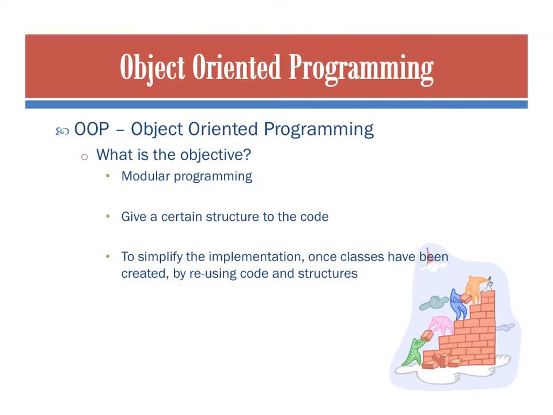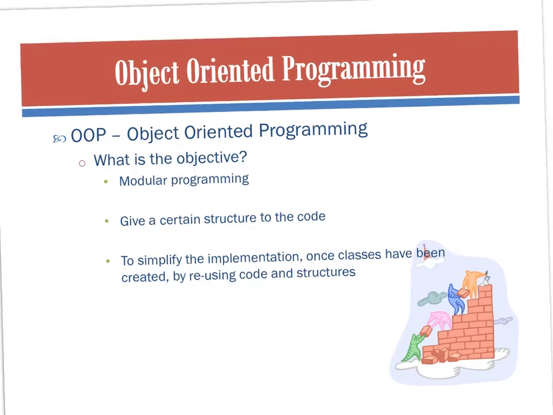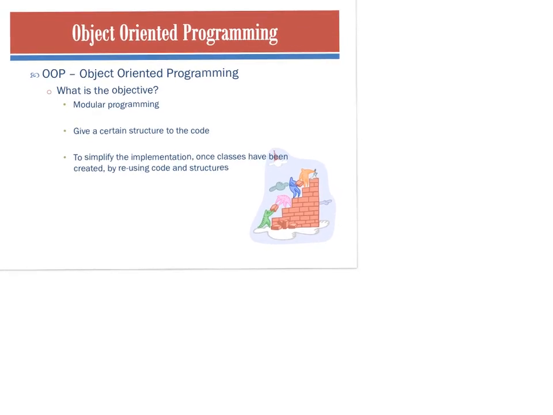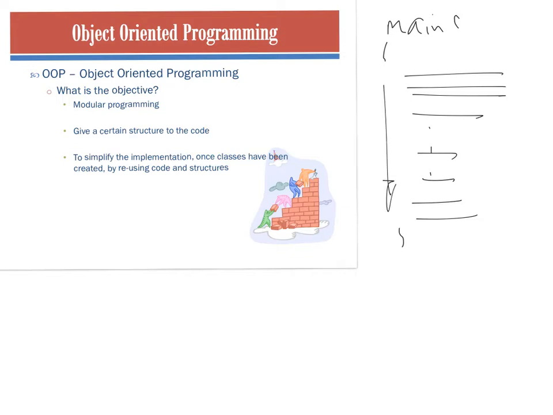What does it mean to have modular programming? Basically it means that we don't want to have a procedural representation. We don't want to have a script where we have, for example, our main program and we simply have our code and we run through that sequentially and then we finish. We basically want to have little functions, function 1, or call them methods, function 2, function 3, and depending on what action we're doing, we will execute one or the other.